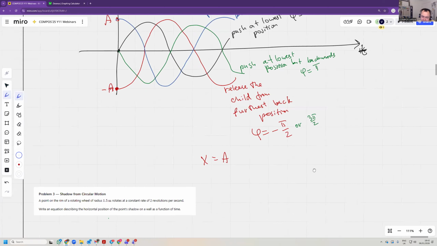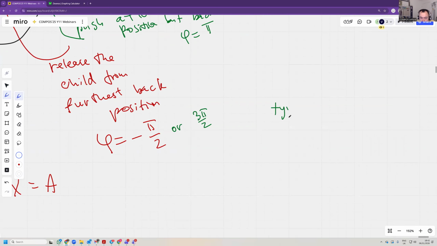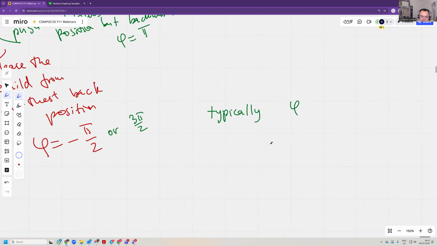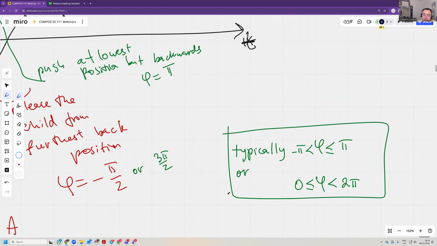I normally say typically the phase is either between minus pi and pi, or between 0 and 2 pi, including 0 and not including 2 pi. But this is not strict.